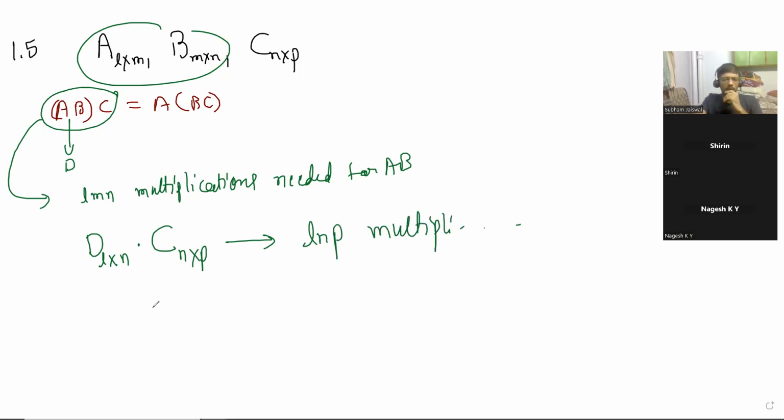Now, in total, how many multiplications are needed? Well, everything is in front of us. There is no problem. This is the total. Now you have to add them. Because you did the first one, got the result, and now you're moving forward. So it's fine, you add them. Now you see what this is.